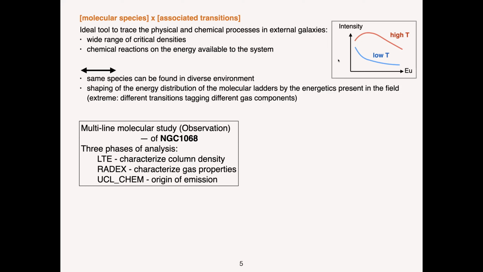So with this set of data and this complexity, we need several stages of analysis that often cover LTE analysis, non-LTE radiative transfer analysis, and chemical modeling. With radiative transfer modeling, we would like to disentangle, for example, the shaping complexity due to the environment, and with chemical modeling, we would like to solve the first issue. This is the basic structure of our analysis.